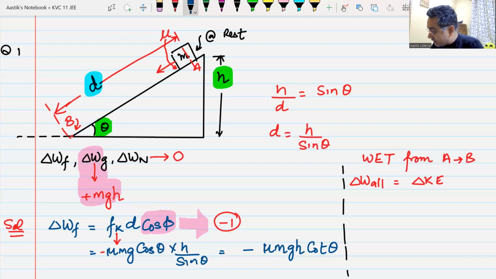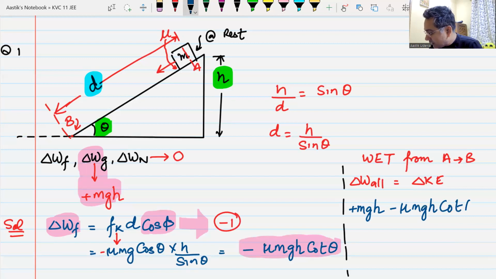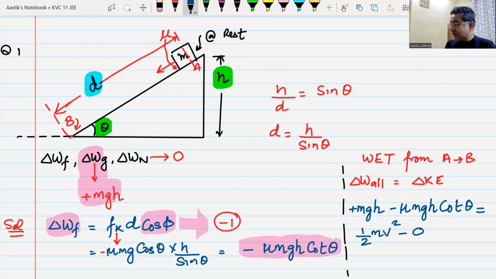So I just write it plus mgh. Then we have the work done by friction, which is minus mu mgh cot theta. So I write that work, minus mu mgh cot theta. That must be equal to the change in kinetic energy. When I say change, it is half mv square, the final kinetic energy, minus 0, which is the initial kinetic energy.